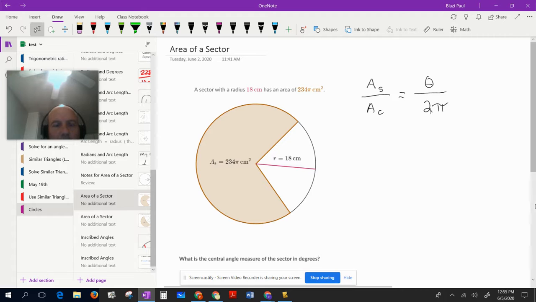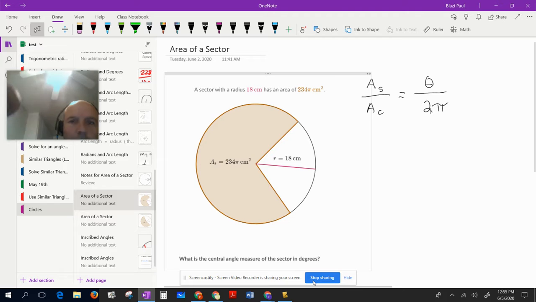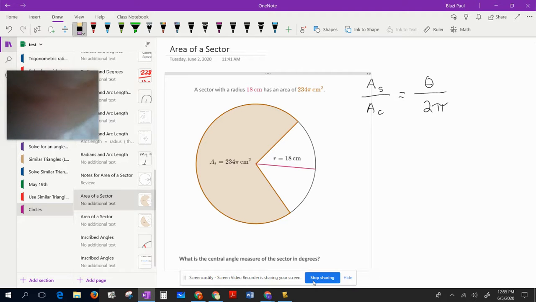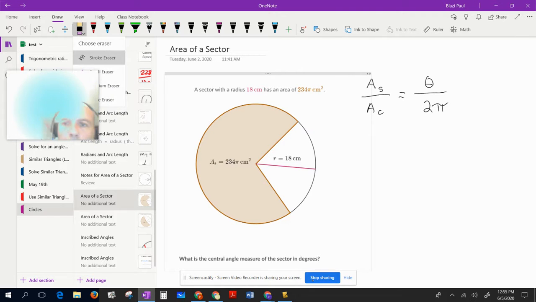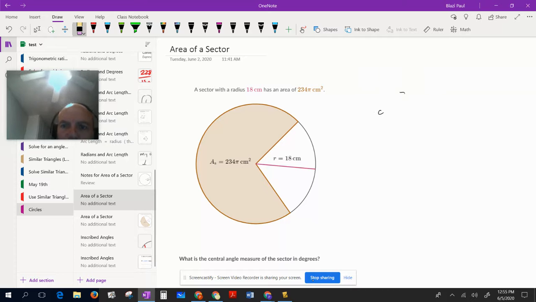If you look in this one, it says a sector with a radius of 18 centimeters has an area of 234 pi centimeters squared. I'm going to erase my formula here. I'm going to use the one I just showed you.